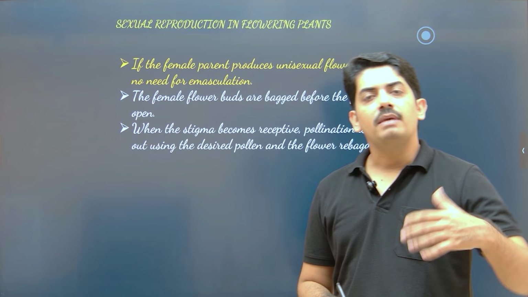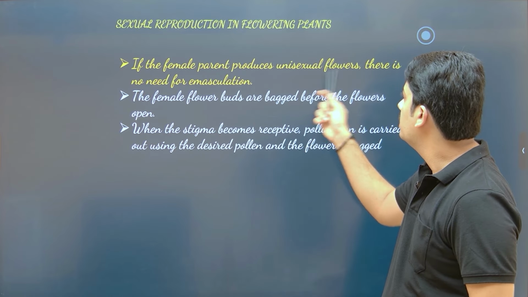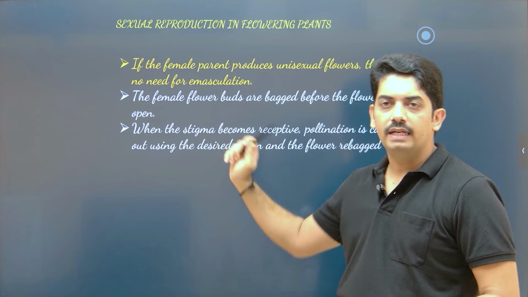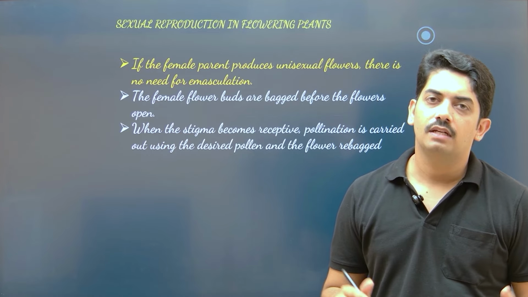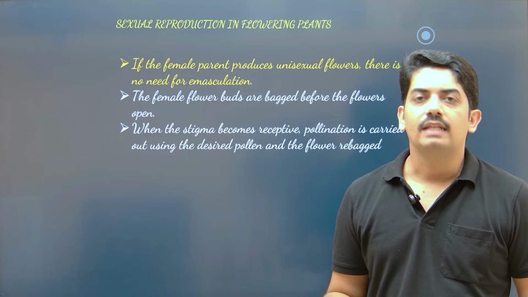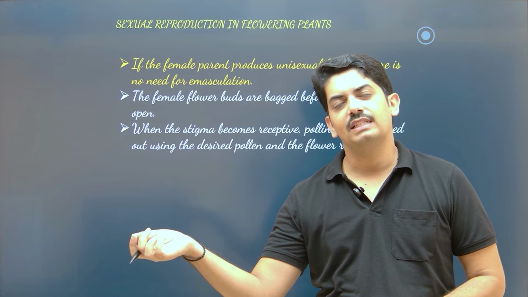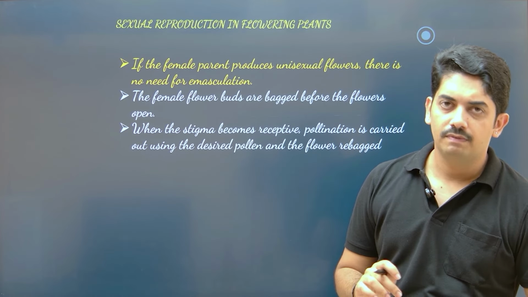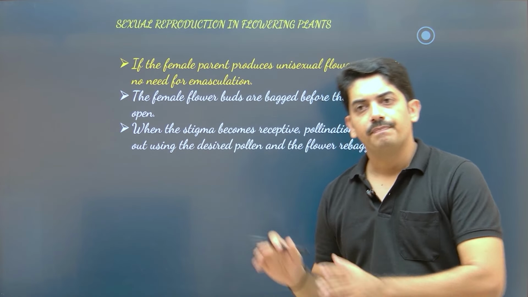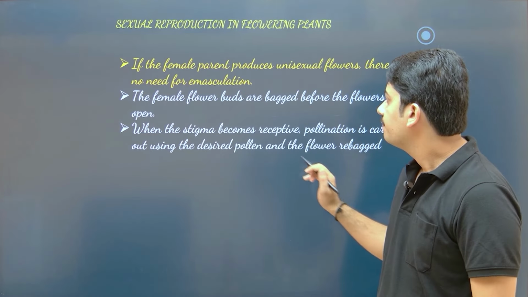If the female parent produces unisexual flowers, there is no need for emasculation. Suppose the flowers are unisexual, then there is no need for emasculation. Simply take the pollen grain from the desirable plant, transfer it to these flowers and rebag them. There is a high chance that you will get hybrid plants.